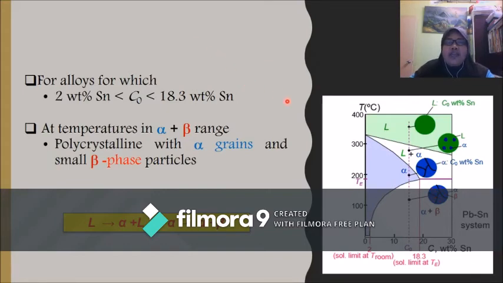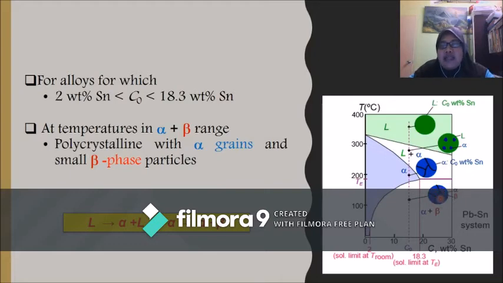Eutectic system 2 is for alloys for which 2 wt% Sn is less than C0, and C0 is less than 18.3 wt% Sn, at this range. For the result, at the temperature in the alpha plus beta range here, it is polycrystalline with alpha grains and small beta phase particles.